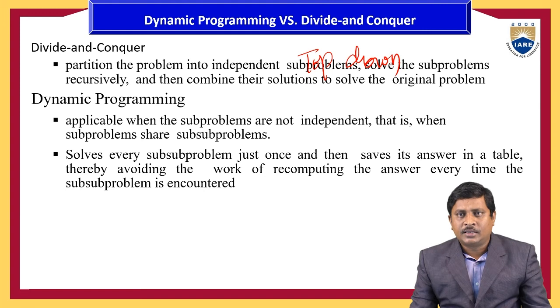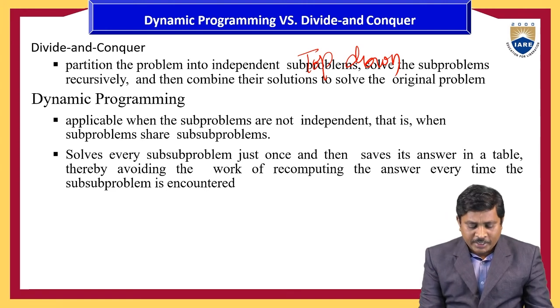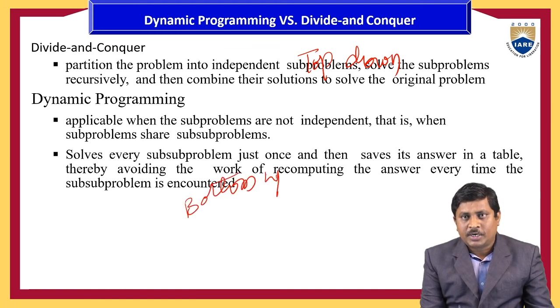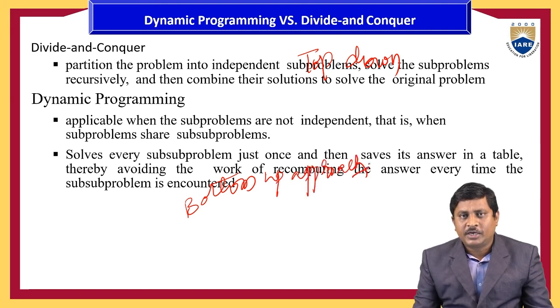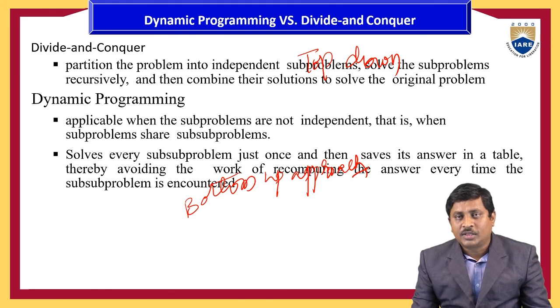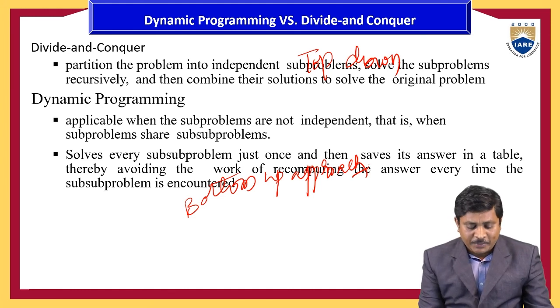Also, every subproblem is solved only once and the answer is saved in a table, so we avoid the work of recomputing the answer every time. We solve the problem with the bottom-up approach, and it produces the optimum solution.